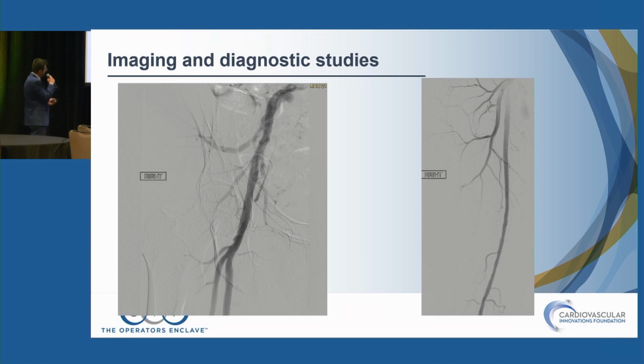I don't have the ABI just because it's done outside, but it's pretty much flat line on the right side. We did take the patient to the cath lab. The angiogram shows the inflow in terms of iliacs and femorals is not bad. They have mild disease, but nothing occlusive. On the right side, the profunda and SFA are pretty much streamlined.